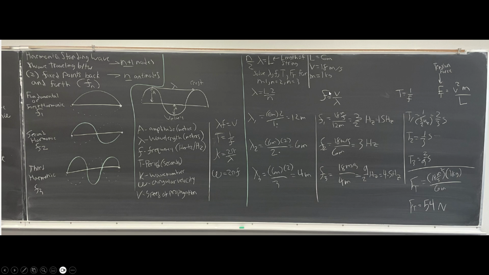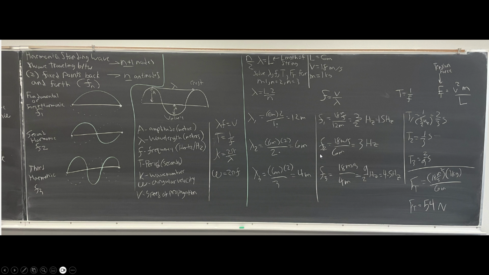For frequency, that equals the speed of propagation over the wavelength. So F1 is going to equal our speed of propagation, 18 meters per second, divided by our wavelength, 12 meters. That gets us 3/2 hertz, or 1.5 hertz.